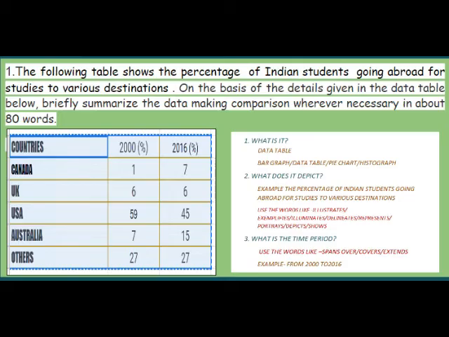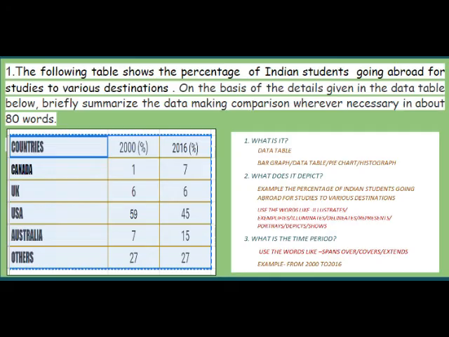The second question you are going to ask yourself is, what does this data table depict or represent? Here in the example, it is given in the question. You can pick those words or paraphrase. Paraphrasing is writing in your own words.